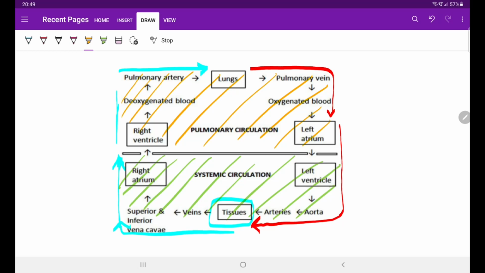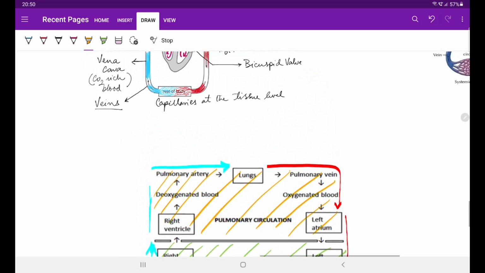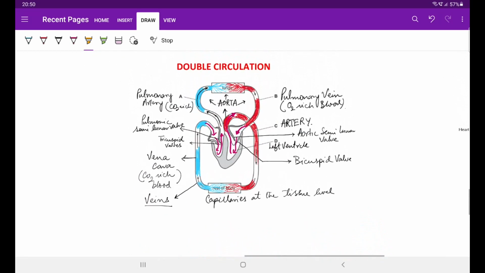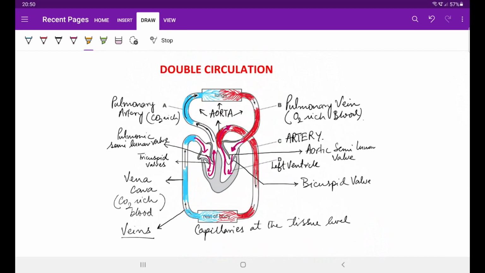So, I hope the process of double circulation is now very much clear to you guys, and we must also remember that double circulation is only possible because the human heart or mammalian heart has 4 chambers and it improves the efficacy of the circulation.